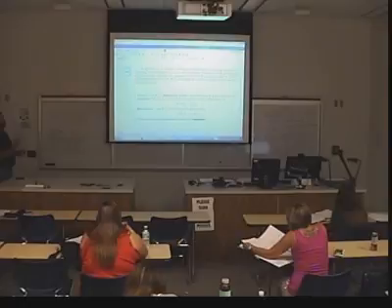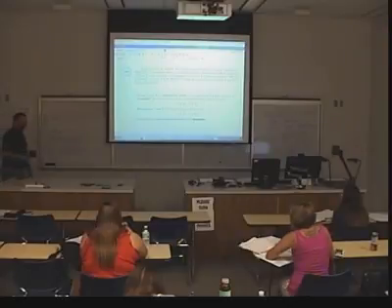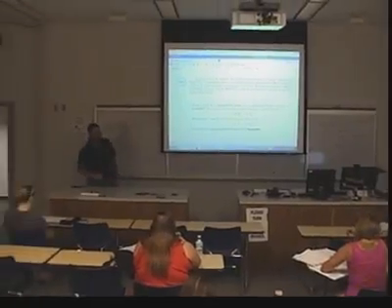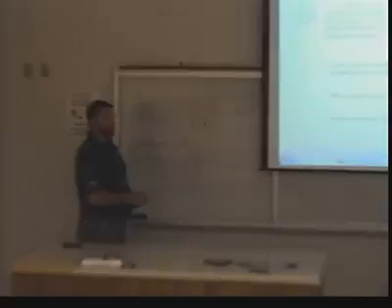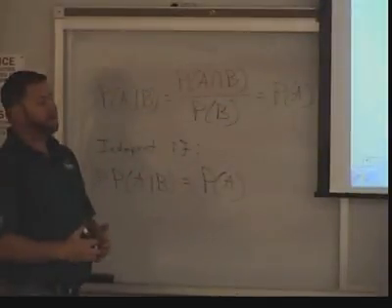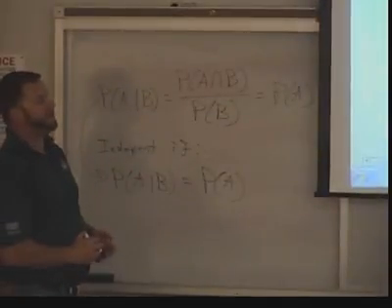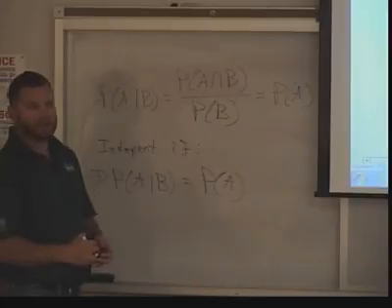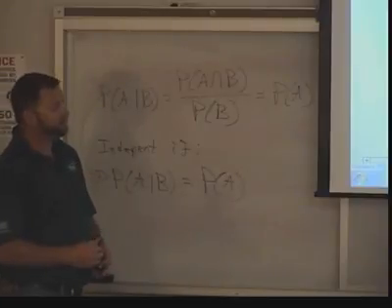Like dice rolls. Dice rolls are independent. Rolling a 3, given I rolled a 4 the previous time, is just the probability that I roll a 3. It's just 1 out of 6. The fact that I rolled a 4 the previous time has nothing to do with what's going to happen the next time. Okay?